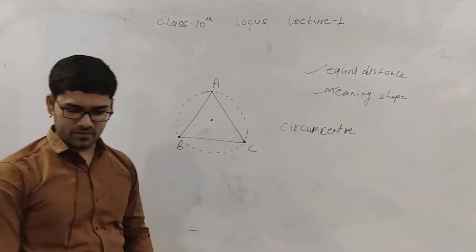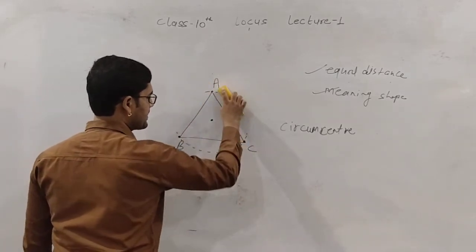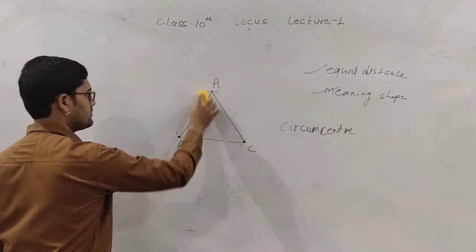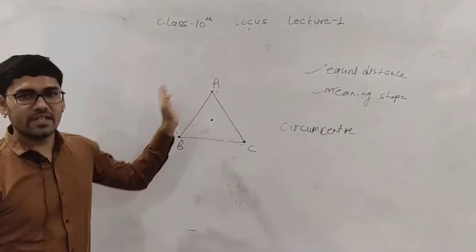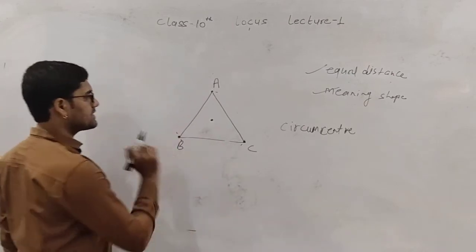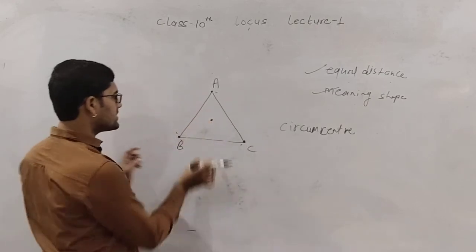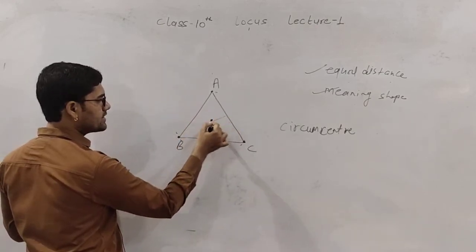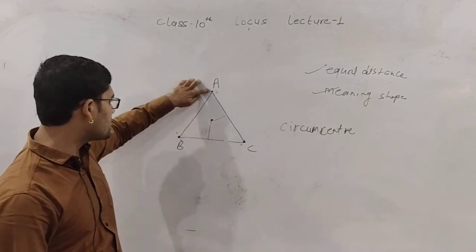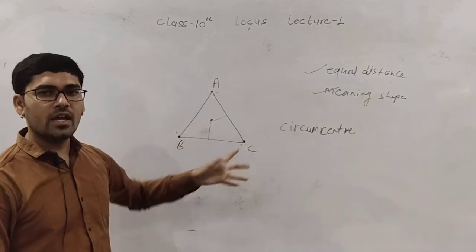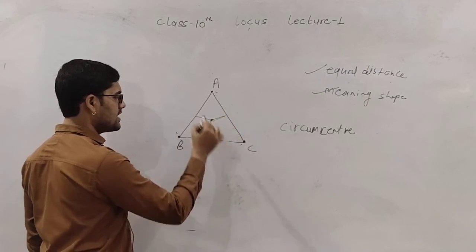Fine. Okay, another condition. Similarly, if this circle was drawn inside, that means this point is at equal distance from the sides. This time I am not taking the equal distance from A, B, C. It may be at equal distance from these sides, this distance and this distance.